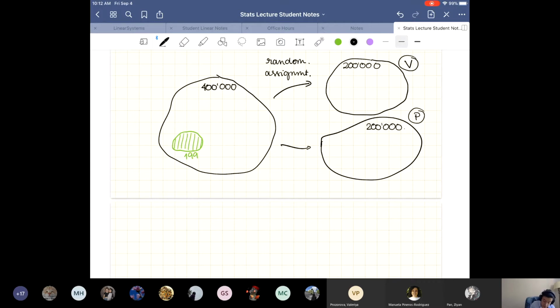So the question is, is it possible that just through random assignment, I might have divided this group of 199 into 57 for the first group and 142 for the second? All right, this is the question that I'm trying to answer. Now, again, just to check, can I see everybody that understands this?